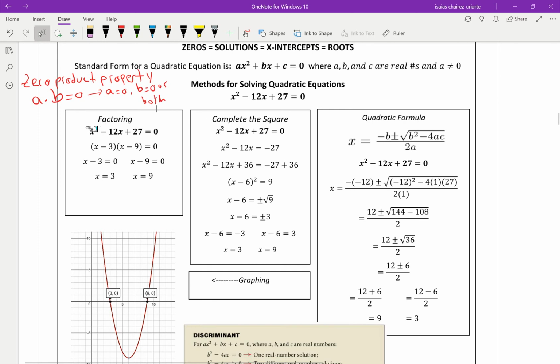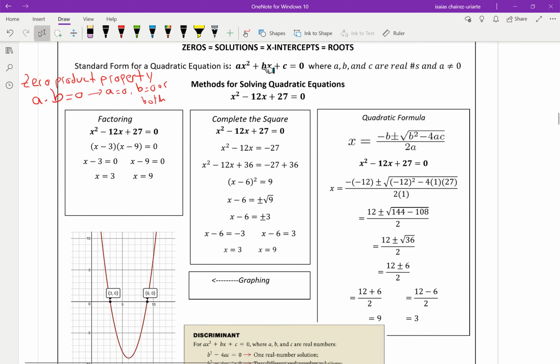If I manage to express this difference and sum of terms as a multiplication, then I have something times something equals 0. Then I can set each one of these factors, x minus 3 equal to 0 or x minus 9 equal to 0. And that gives me solutions. So factoring takes advantage of this thing called the zero product property.